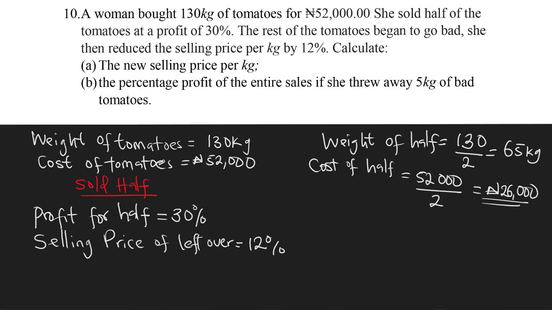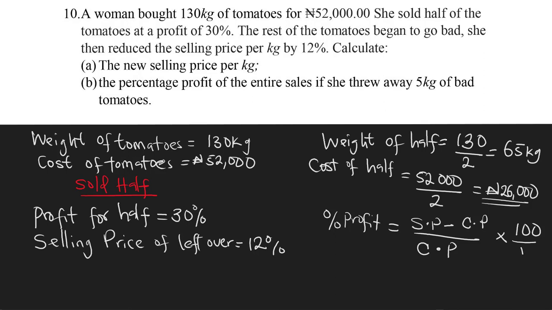So generally, percentage profit is equal to selling price minus cost price over cost price, times 100. Using this, we'll be able to get our selling price, because we already have the percentage profit and the cost price.